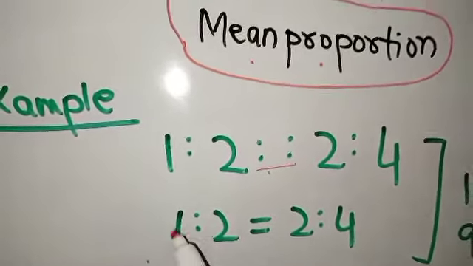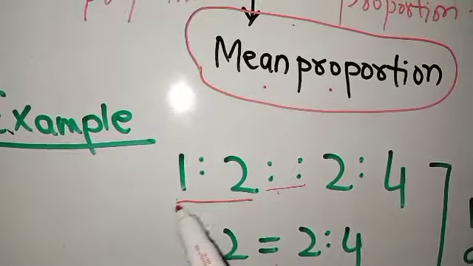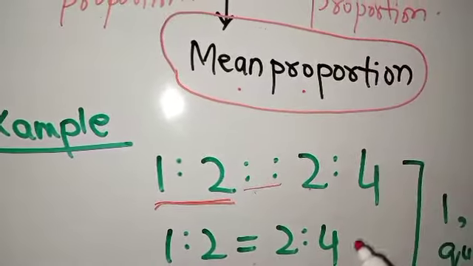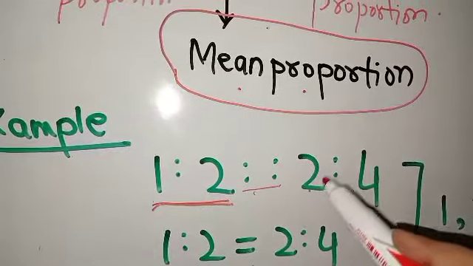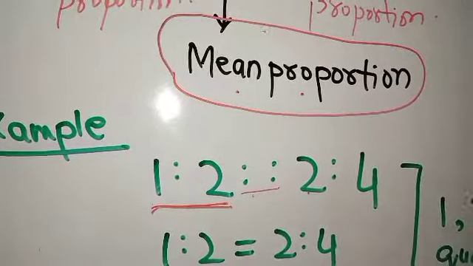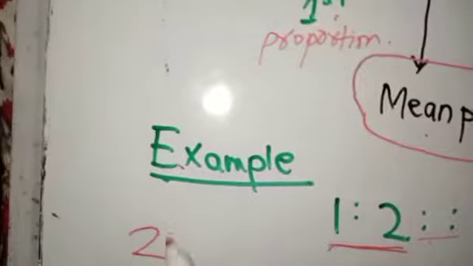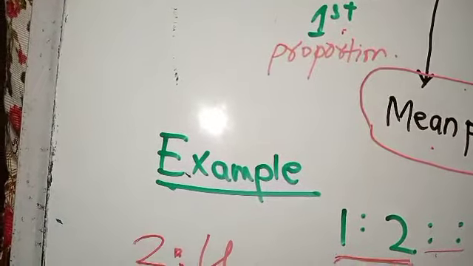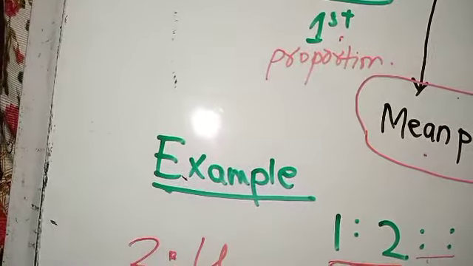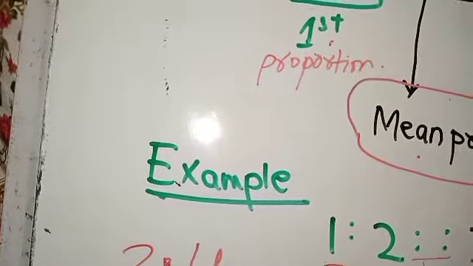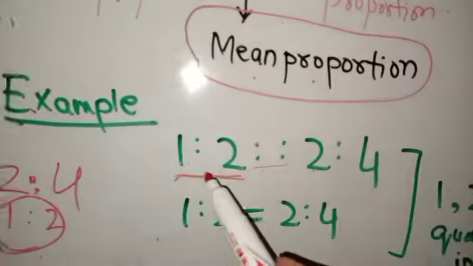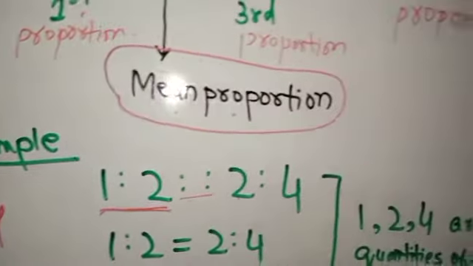You can also prove it: when you simplify 2 is to 4 by dividing by 2, 2 ones are 2, 2 twos are 4, so we get 1 is to 2 only. So 1 is to 2 is equal to 2 is to 4.